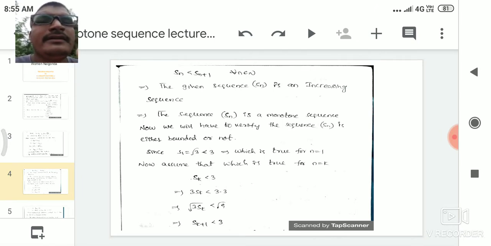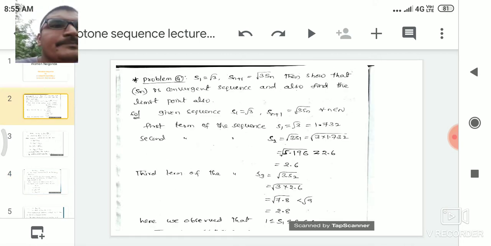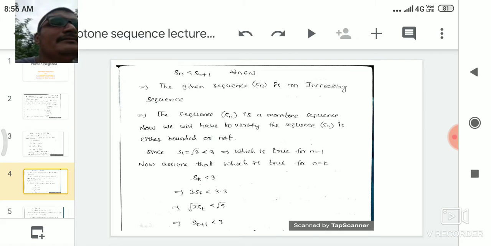So here, what is the first term of this sequence? 1.732, which is an increasing sequence. Then we know that every increasing sequence has a lower bound, that is the first term of the sequence. In an increasing sequence, S1 is the lower bound of the sequence, and also here we find the upper bound is 3.